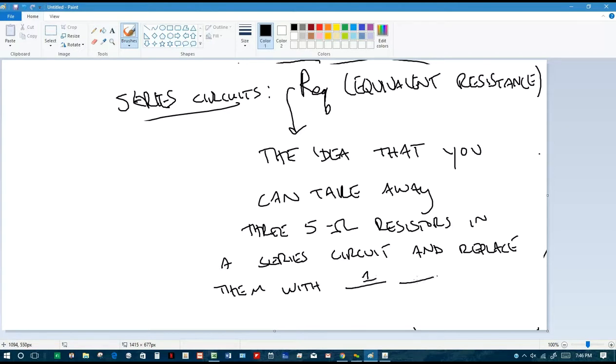How much resistance would this have? Of equivalent resistances, you can take away 3 5-ohm resistors in a series circuit and replace them with 1 resistor to have the same circuit.